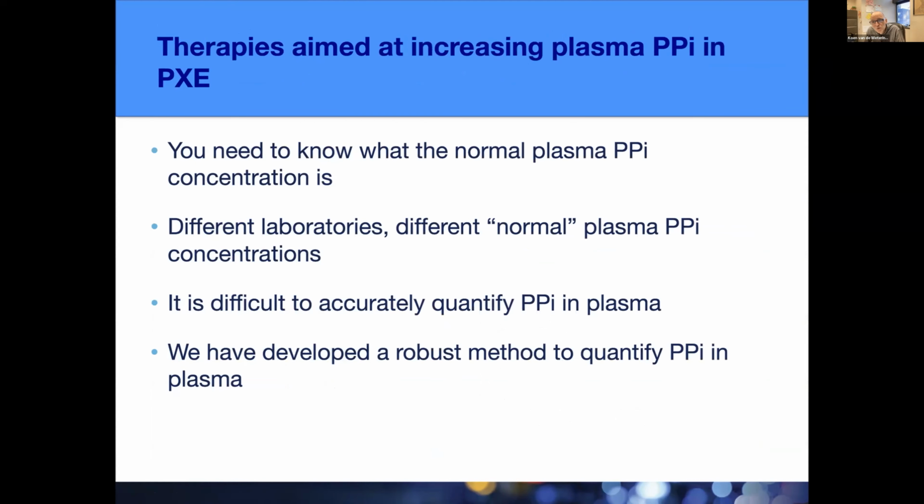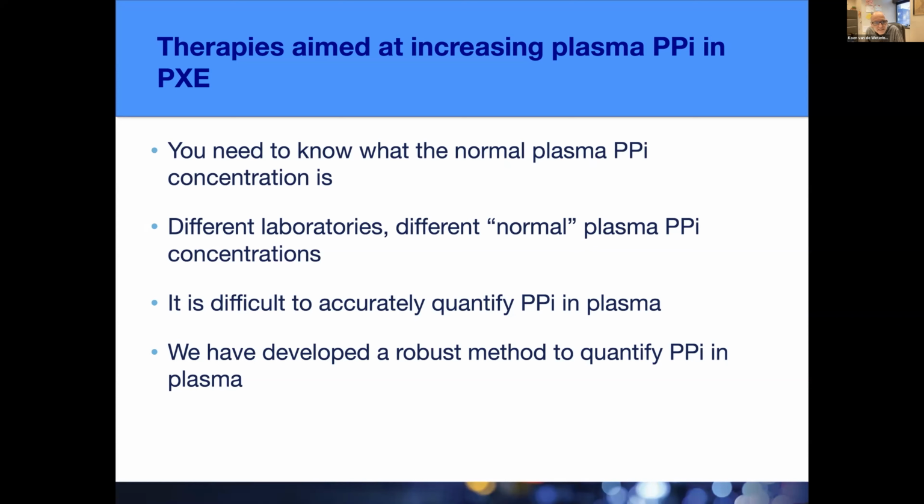So now that we know that low plasma pyrophosphate concentrations underlie the problems in PXE patients, it is important to know what's the normal plasma pyrophosphate concentration, because then you can try to raise these plasma pyrophosphate concentrations in people with PXE.